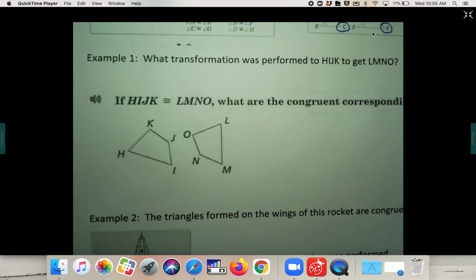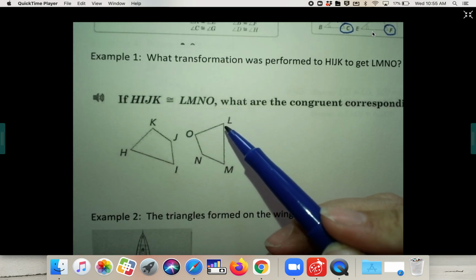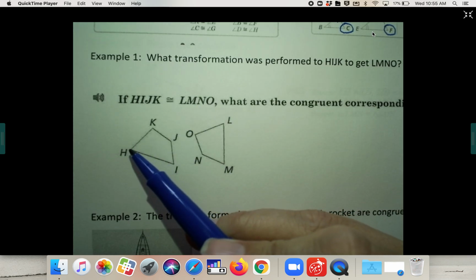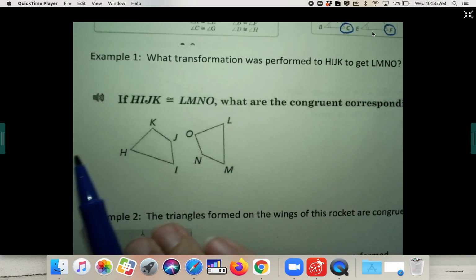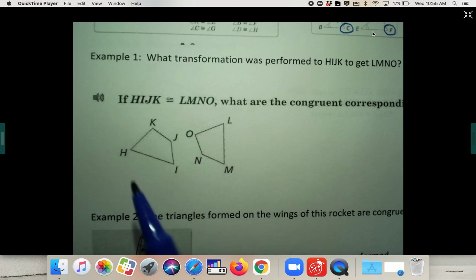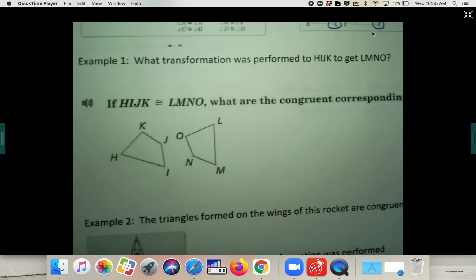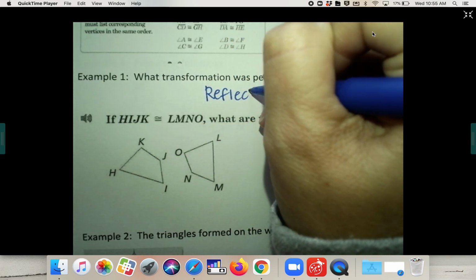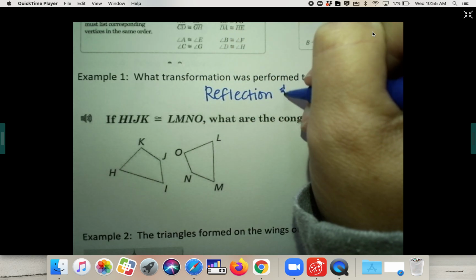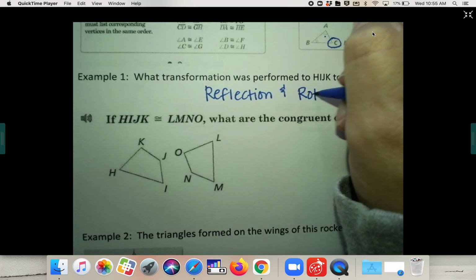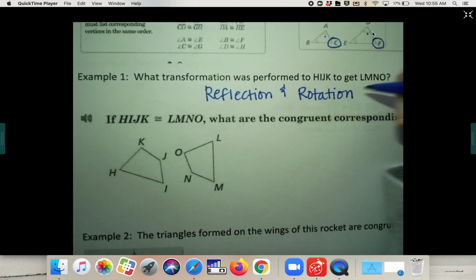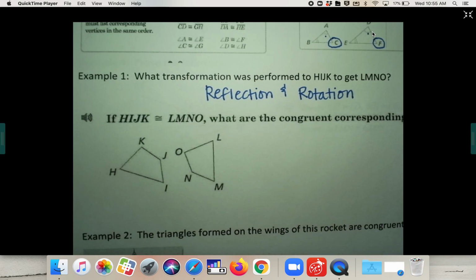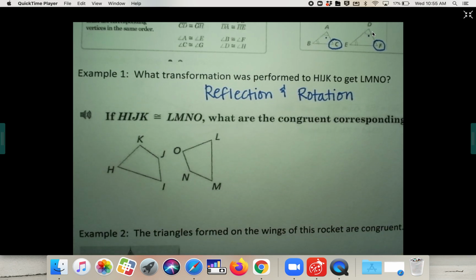So this pointier part out here, which is angle L, has flipped, and it's down here with H. So it rotated after it was flipped or reflected. So what are the transformations? I'd say definitely a reflection. And then it just tilted a little, so it rotated a little. We can say that it was mainly a reflection, but it's a reflection and then a rotation.